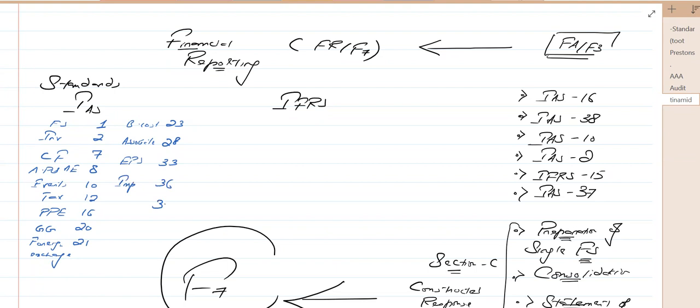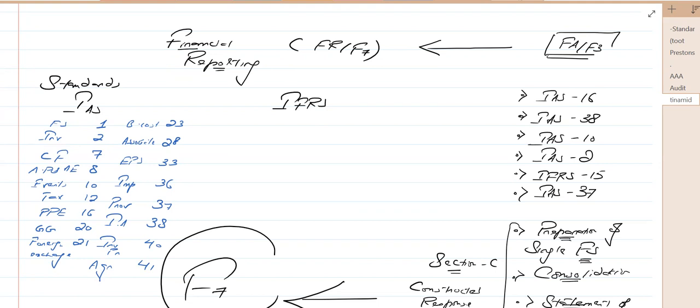Then we have IAS 37, which is provisions, contingent assets, and contingent liabilities. Then we have IAS 38, which is about intangible assets. Then we have IAS 40, which is about investment property. And then we have IAS 41, which is about agriculture and biological assets. So again, you see a long list of IASs that you have to do within the F7 exam.